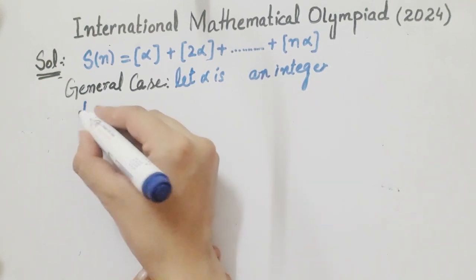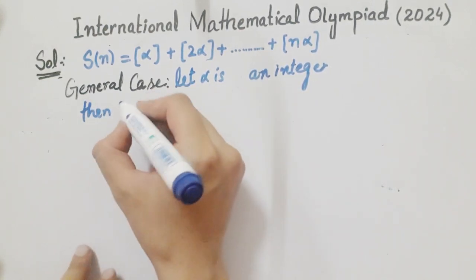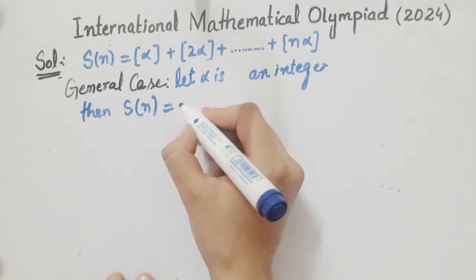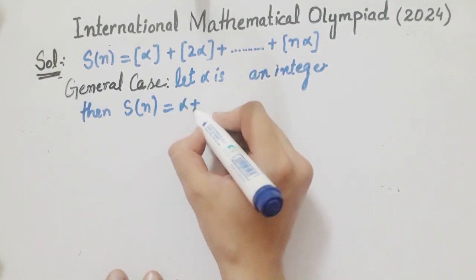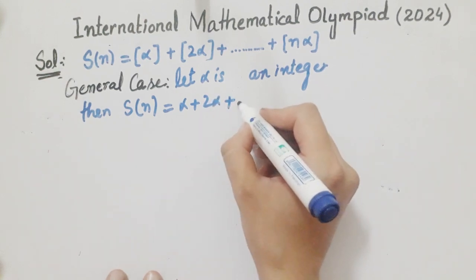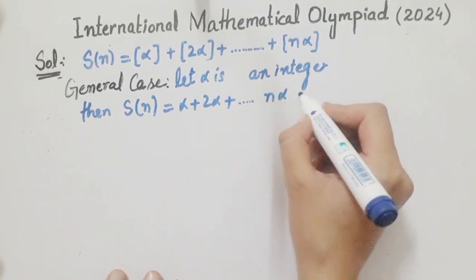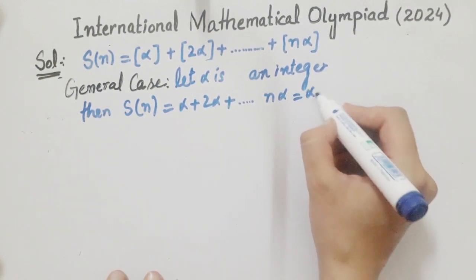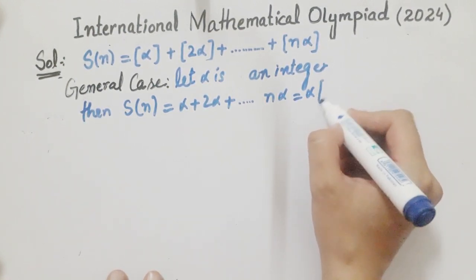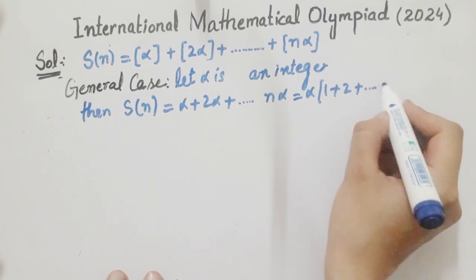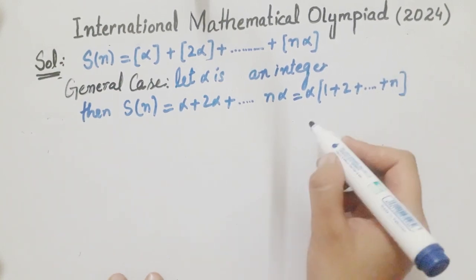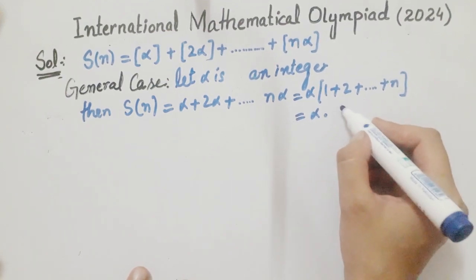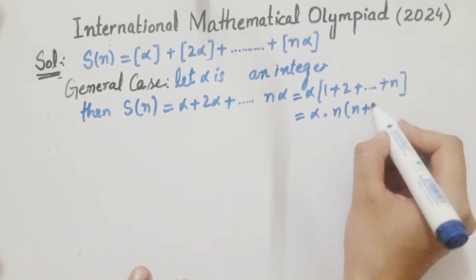Then S of n is equal to alpha plus 2 alpha up to and so on n alpha. Now you can take alpha common from this. The remaining terms are 1 plus 2 plus up to n. So this will become alpha into n into n plus 1 by 2.